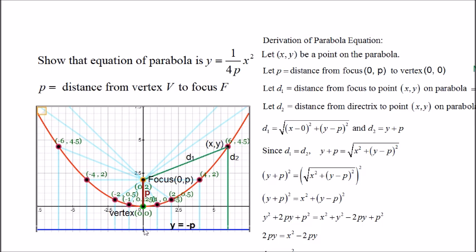So that's what p is. And so let (x, y) be any point on the parabola. What this means is that the distance from this point to the focus is the same as the distance from the point to the directrix.